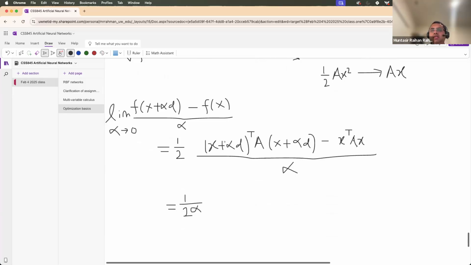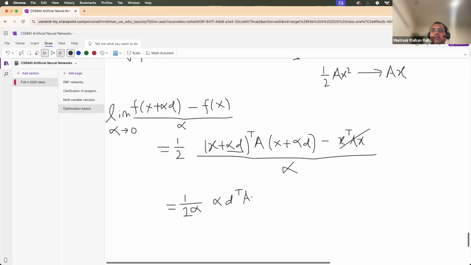The first term here is x transpose A x, and then I have x transpose A x, so this goes away. Let's cancel this. Now the second term is alpha d transpose A x. Alpha is a scalar.